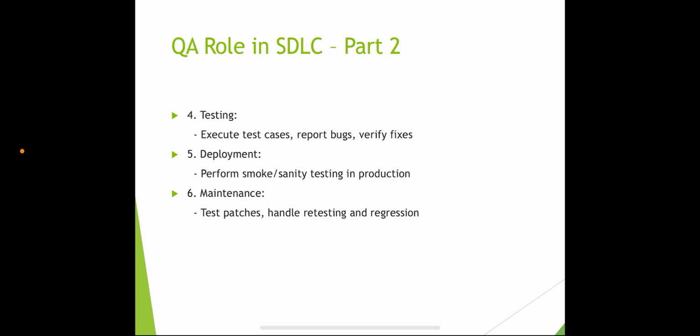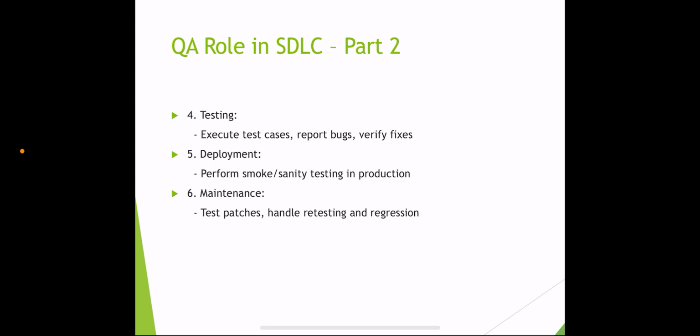And the next phase is the testing phase. In the actual testing phase, the tester executes whatever test cases they have written in the earlier phase, reports bugs, verifies whether the bugs are fixed, re-verifies those issues, and checks the impacted area.